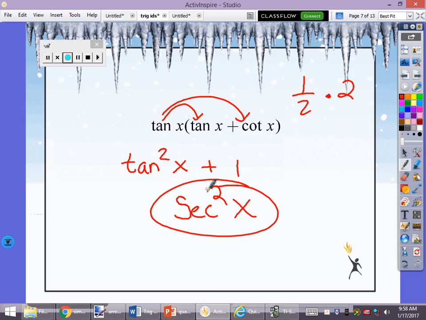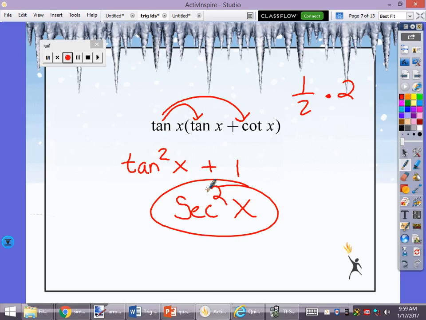Look at your paper. There's lots of them. I see tangent squared plus 1 equals secant squared. Divide first equation by cosine squared x.